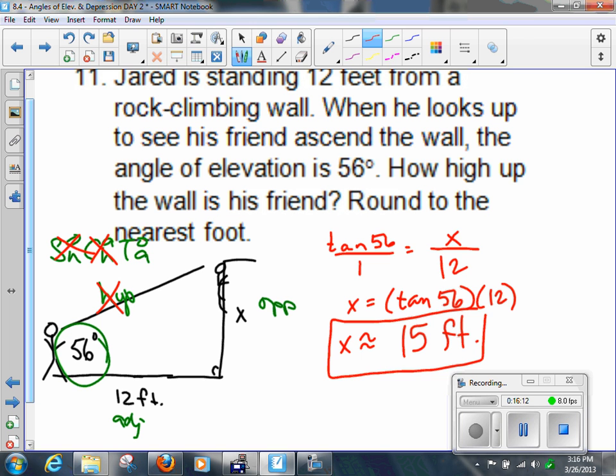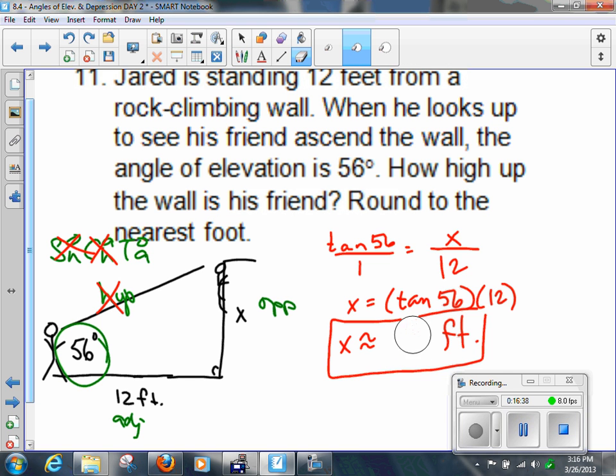Did you have 56? May I? Twelve times tangent of 56. It's approximately 18. 17.8.